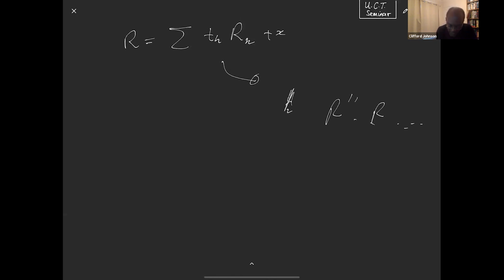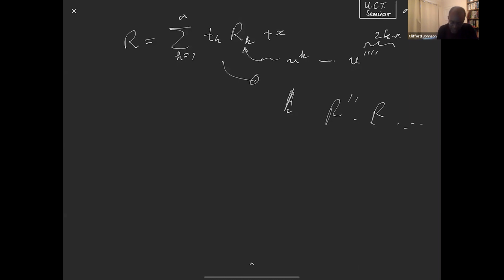This thing here is the sum from k equals 1 to infinity. It has powers of u to the k, and high derivatives, 2k minus 2 of them.